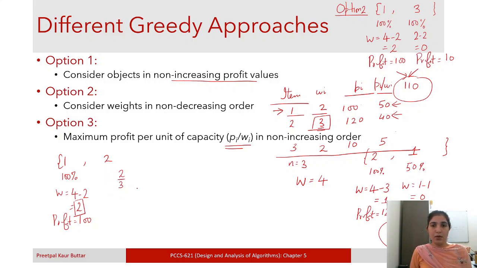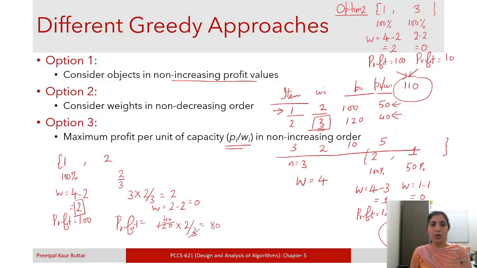So when we pick 2 by 3, the total weight is 3 and the fraction which we are picking is 2 by 3, so we are picking a weight equal to 2, and what we are left with is 2 minus 2 equal to 0. The profit which we are earning: the total profit is 120 and we will get 2 by 3 of it, so it will be 80.